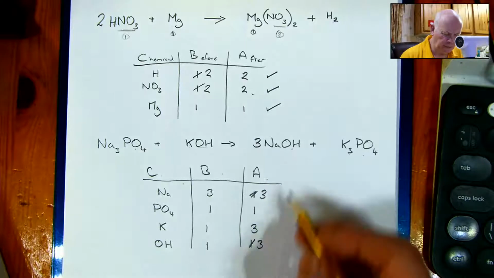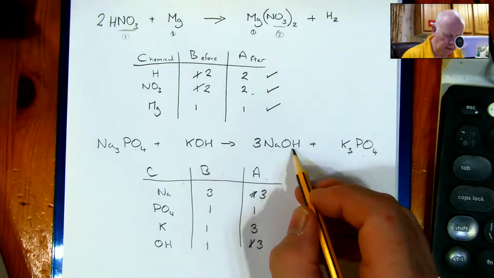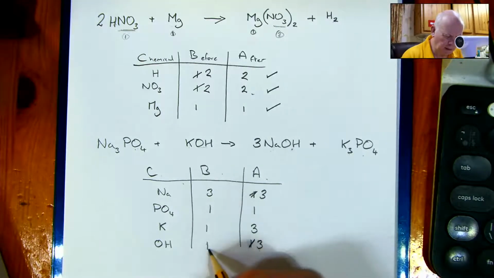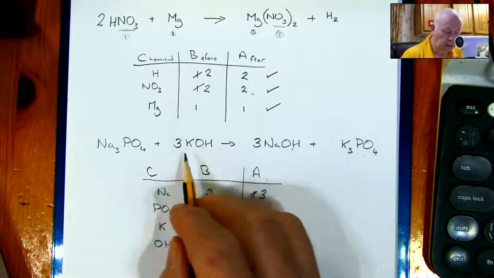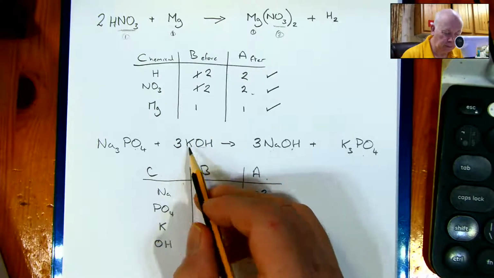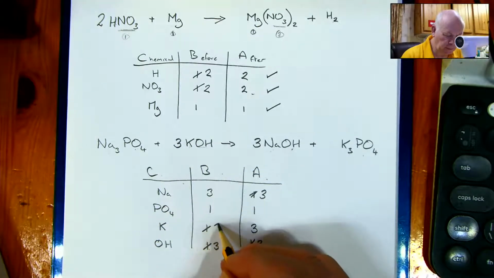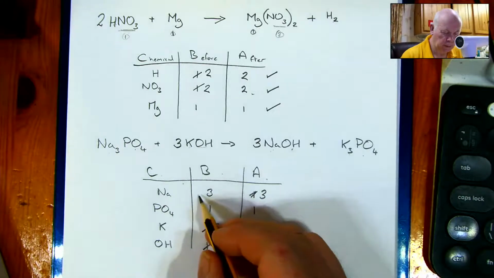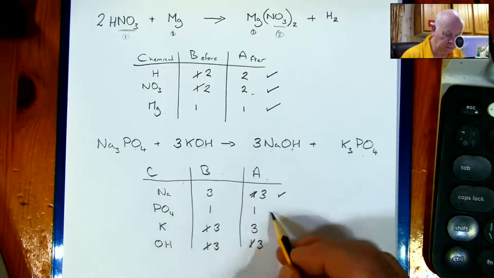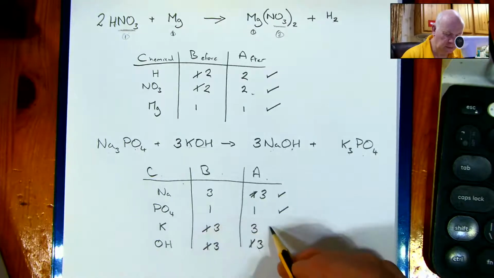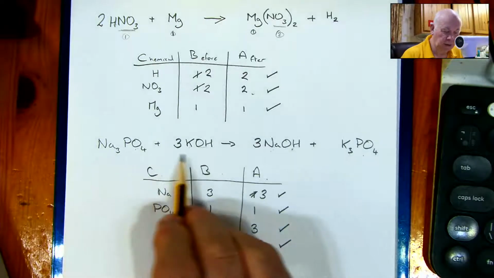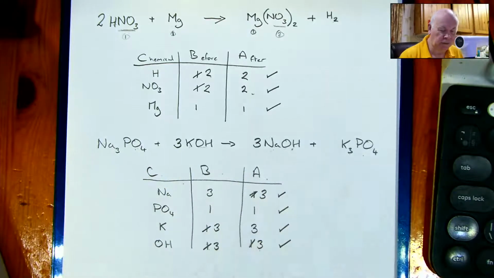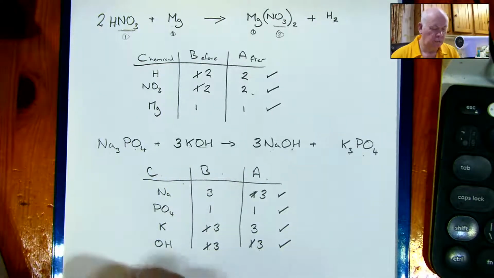If I've got 3 OHs at the end of the reaction, I had to have 3 OHs at the beginning of the reaction. And this means that the potassium, we've got to have 3 of those. Sodium balances, the phosphate balances, the potassium balances, and the hydroxide balances. So here we have our balanced chemical reaction.